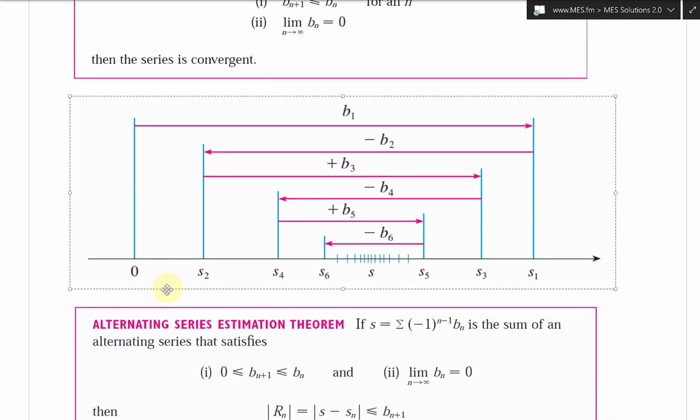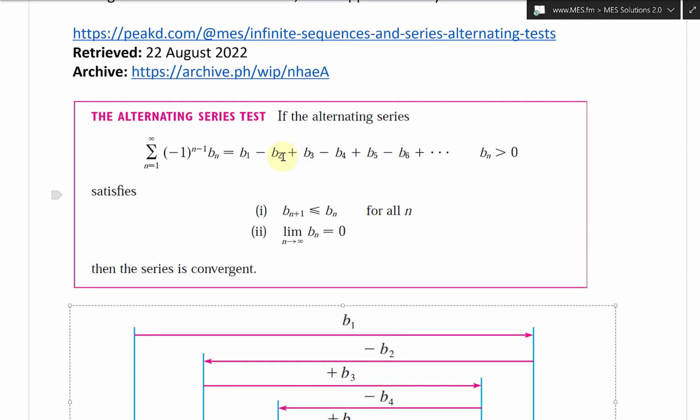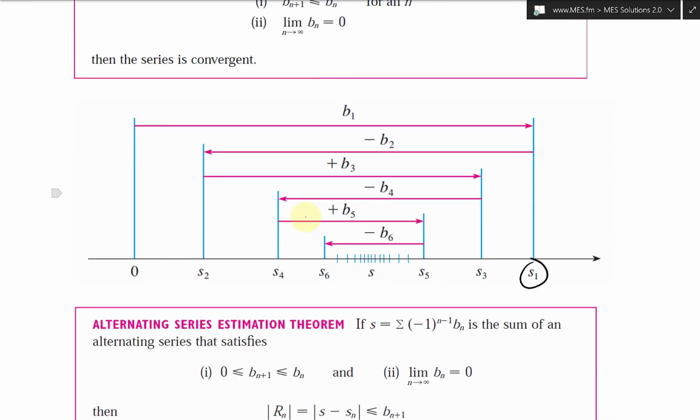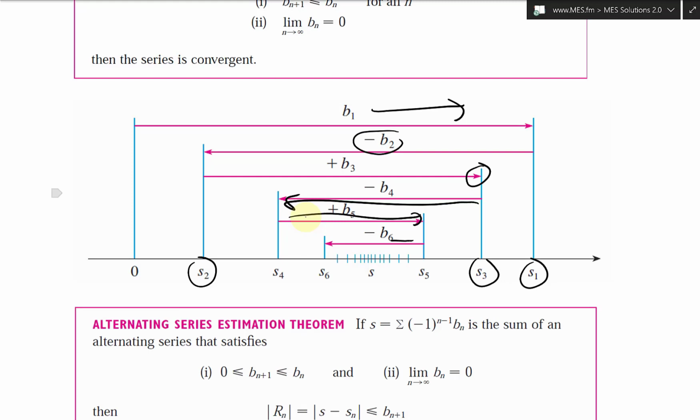For example, at 0 here, S1 is just b1. Then you subtract b2, which is smaller, so it gets to S2. Then you add b3, which is smaller than b2, so it goes across to S3. Then you subtract b4, which is smaller again, and it keeps getting smaller and smaller. Eventually it converges to a point here.